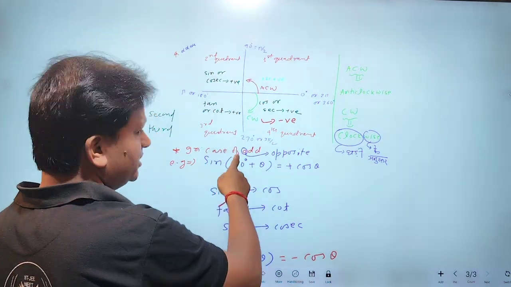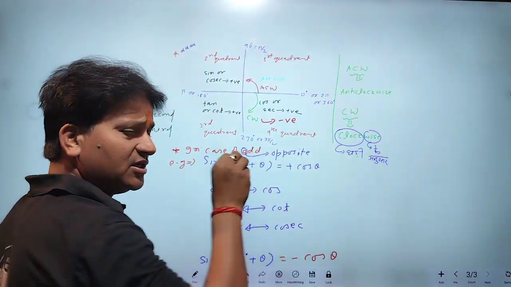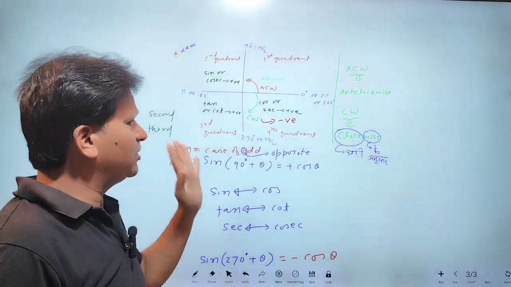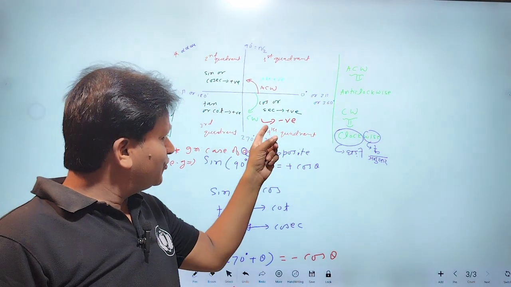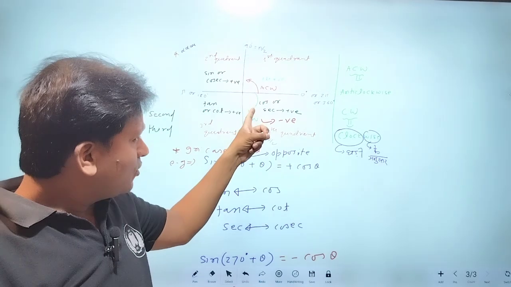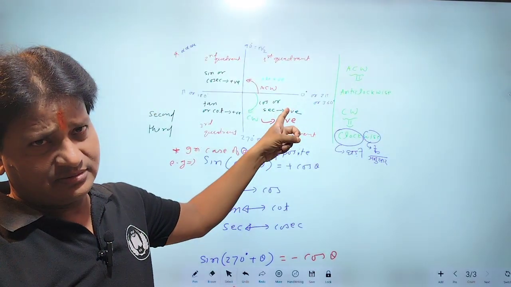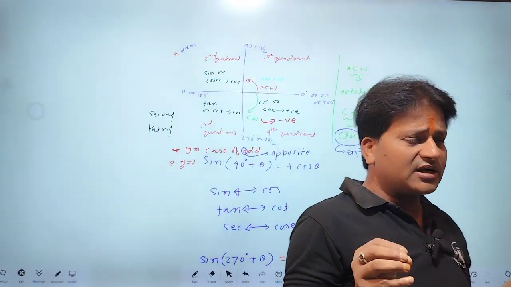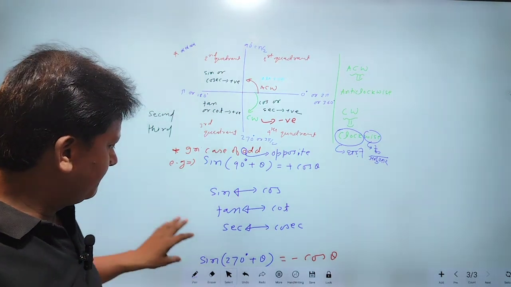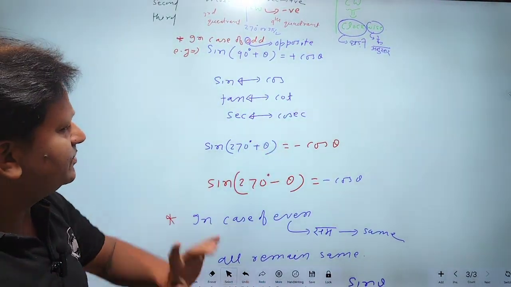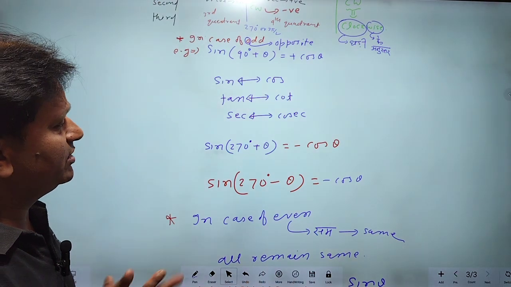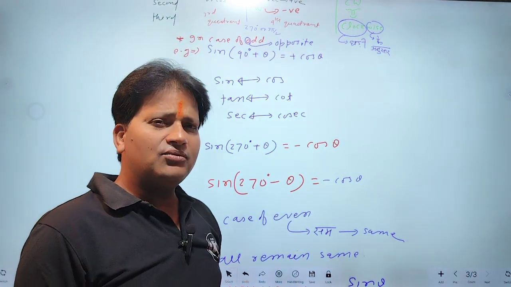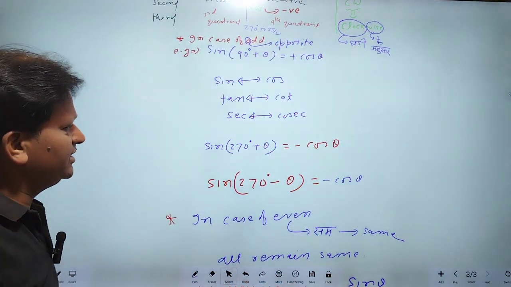If you move in anti-clockwise direction, then you go to fourth quadrant. We know that in fourth quadrant only cos and sec are positive, but remaining trigonometrical ratios are negative. Therefore, sine will be negative in fourth quadrant. This is negative.